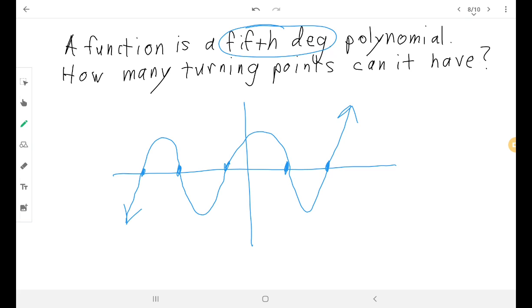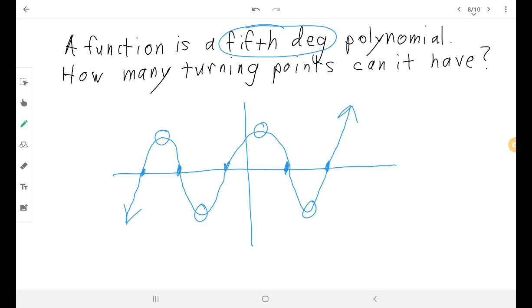I could have done this in the exact opposite way, right? And then I just want to look at the turning points. That is where it goes from going up to going down, or going down to going up. So here's one, here's one, here's one, here's one. And that's the most that I could have. It's not the only number that I could have because of weird things that can happen, but it is definitely the most that I could have.